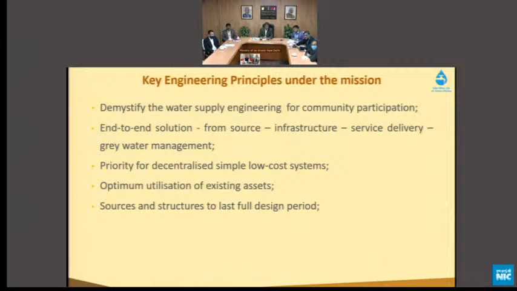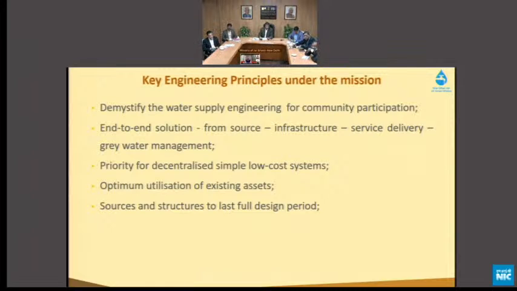So some of the key engineering principles that we mention here. The first and topmost, as the mission director was saying, was demystify the water supply engineering for community participation. The aura of engineering is there always and it continues to be there, but it has to be a frugal engineering so that the community can participate even after the post-commissioning, and that's one of the major aspects of this from the beginning, from planning to taking over the systems and to do the operation and maintenance.